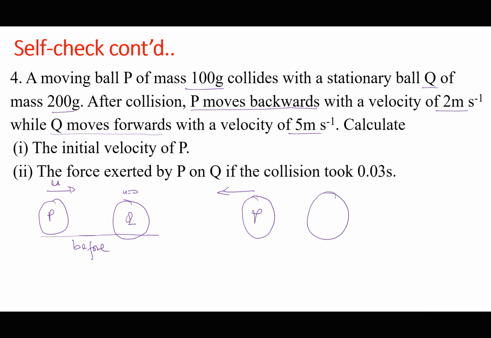It moves backwards with a velocity of 2 meters per second, and yet Q moves forward with a velocity of 5 meters per second. So we want to find the initial value of U. So here you just use conservation of momentum. Remember, so this is after. Always remember to assign velocities, maybe to the right positive, to the left negative.